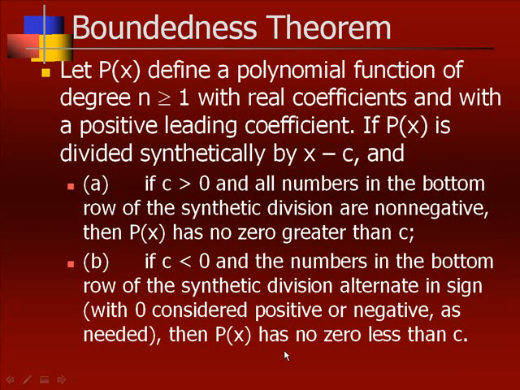So what it says is, if you are doing synthetic division by a positive number, and the numbers in the bottom row are not negative, then you found an upper bound. There's no 0 greater than the number you divided by. Or if you're dividing by a negative number, and the numbers in the bottom row alternate, then you have found a lower bound.